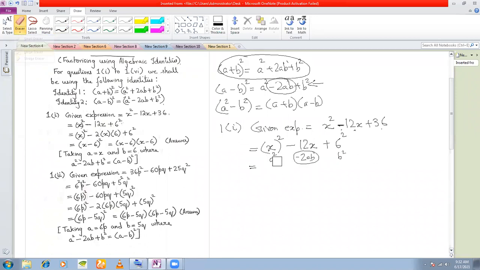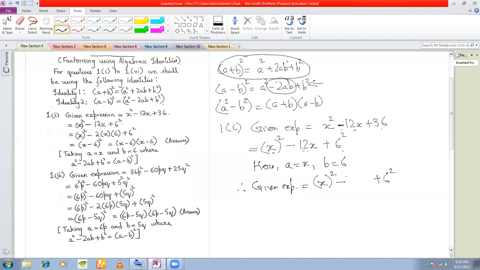Okay, so here, what is our a? A here is x. What is our b? B here is 6. So therefore, given expression is x square minus, and you write the b square here also, plus.